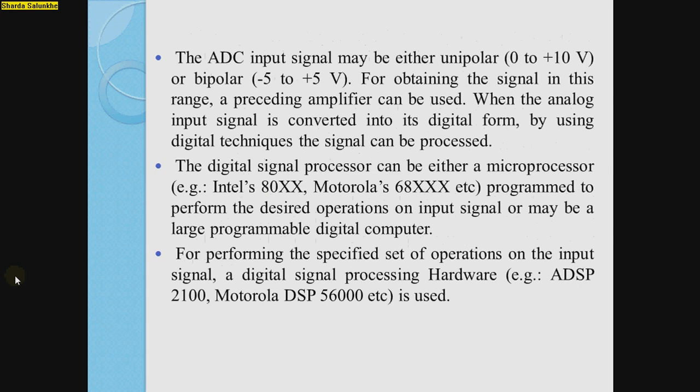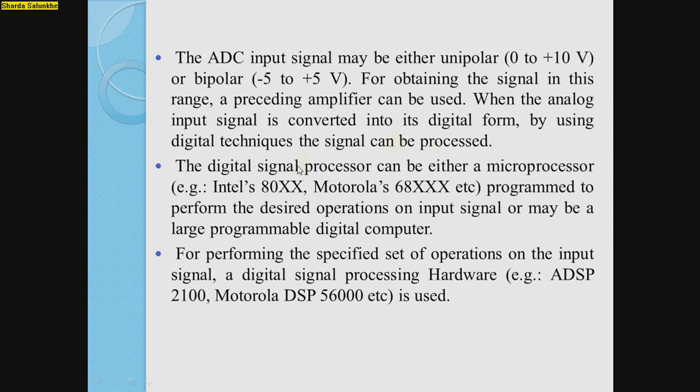Next, the ADC input signal is either unipolar, 0 to 10 volt, or bipolar, minus 5 volt to plus 5 volt. For obtaining the signal in this range, a preceding amplifier can be used. When the analog input signal is converted into its digital form, the signal can be processed using digital techniques.